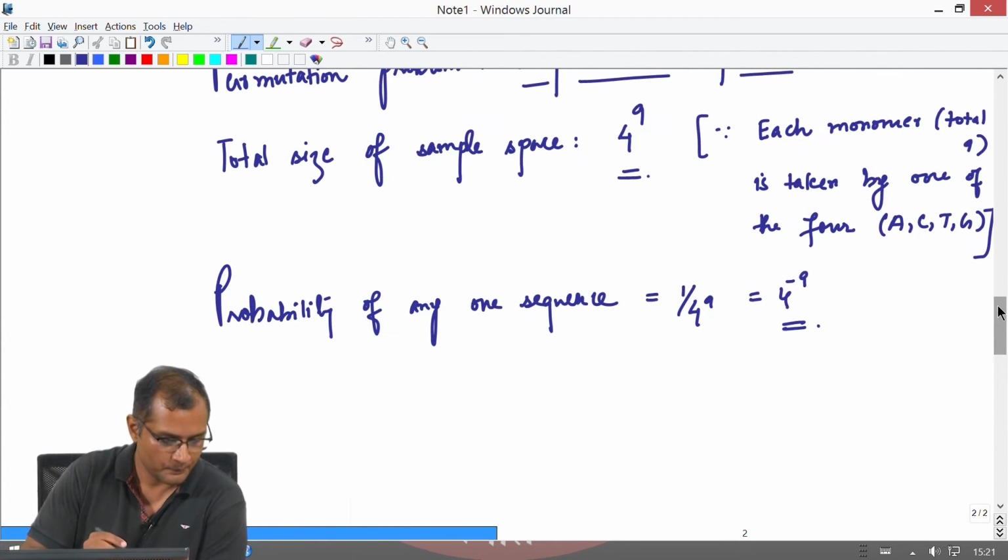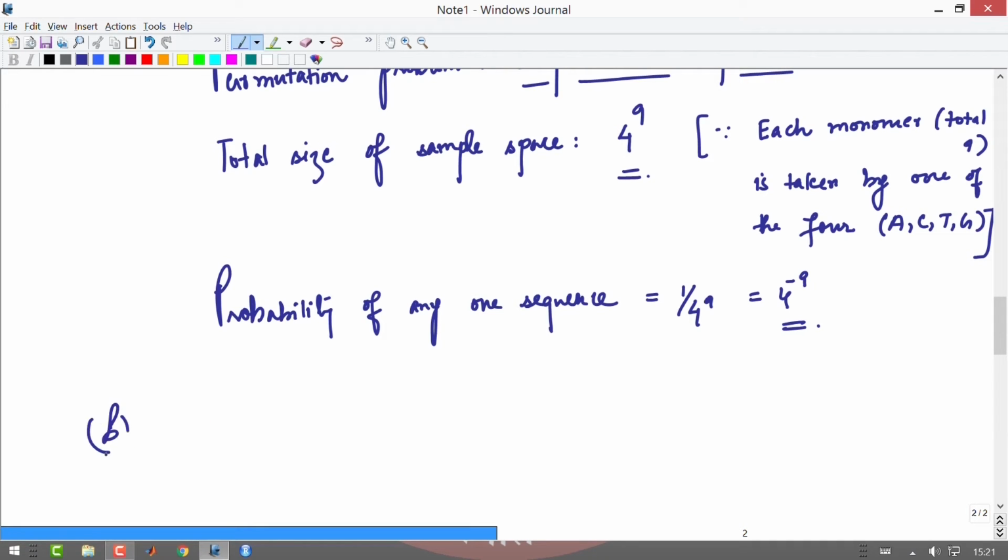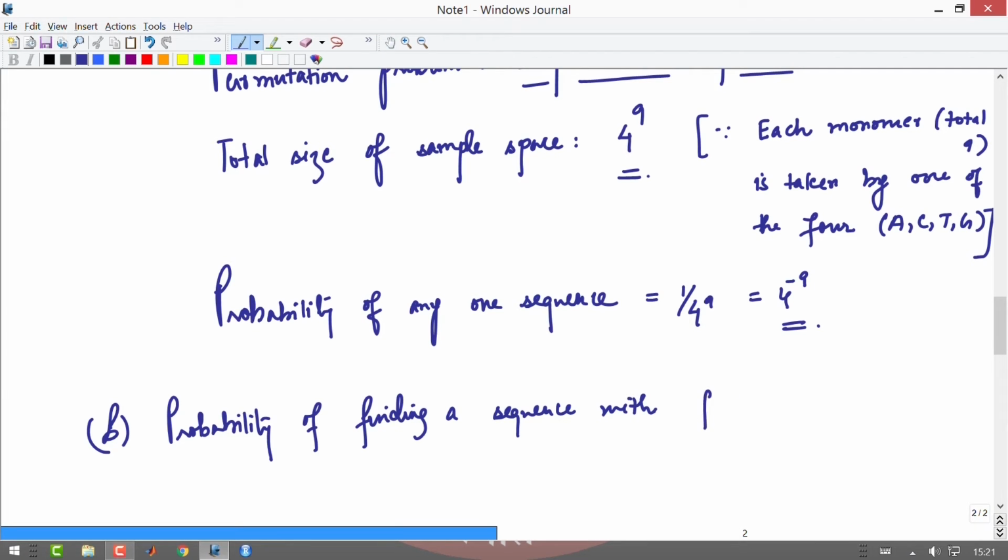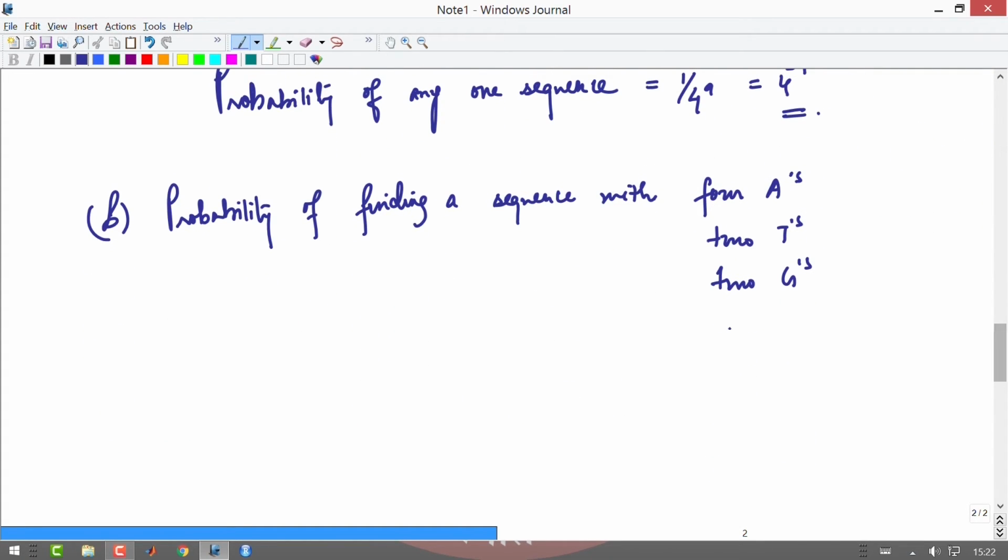The second question is, what is the probability that you will find a sequence with four A's, 2 T's, 2 G's, 1 C?